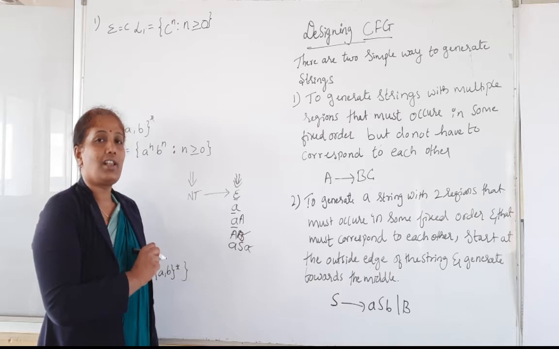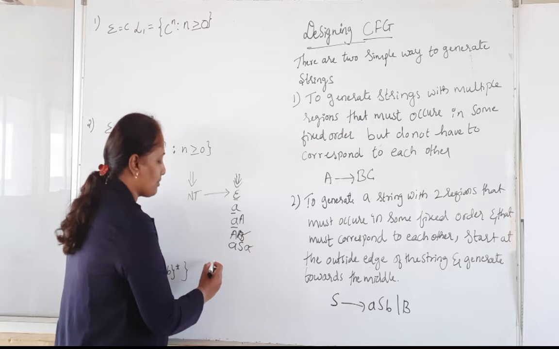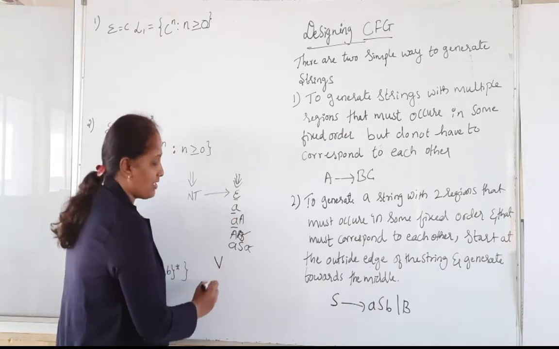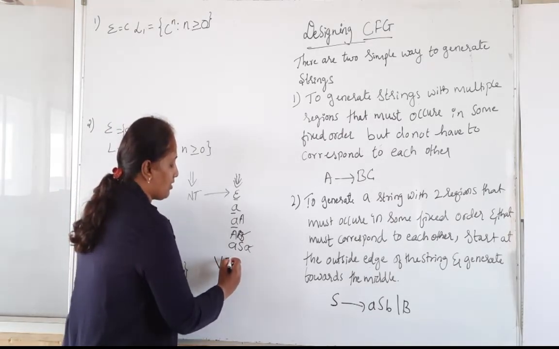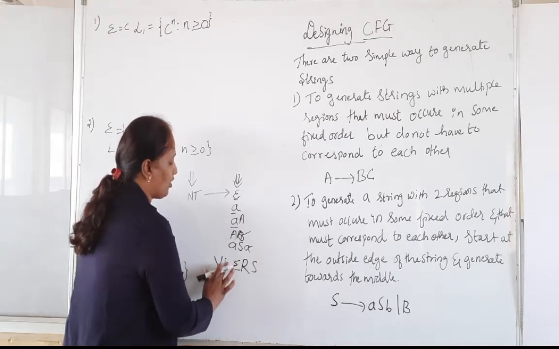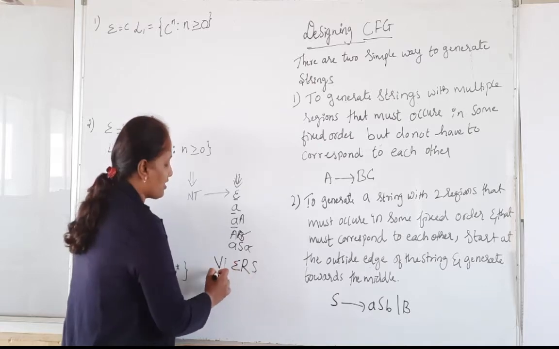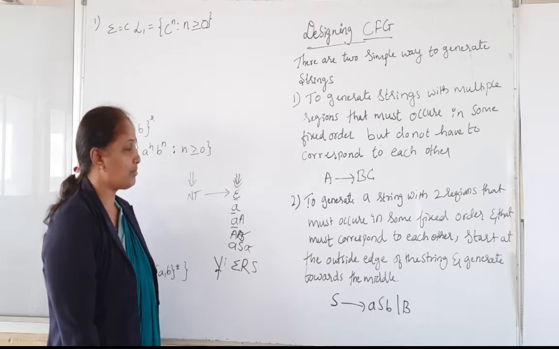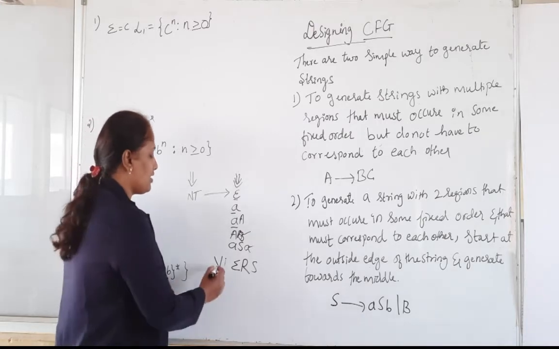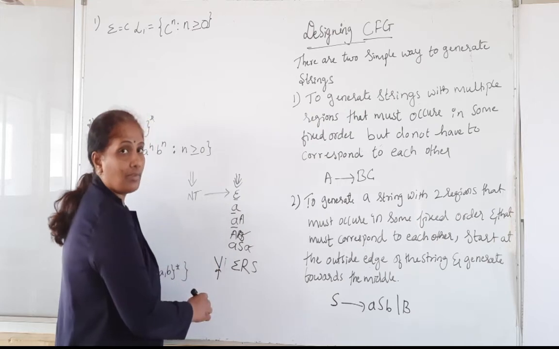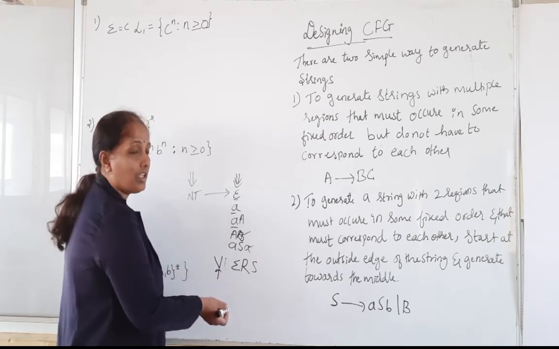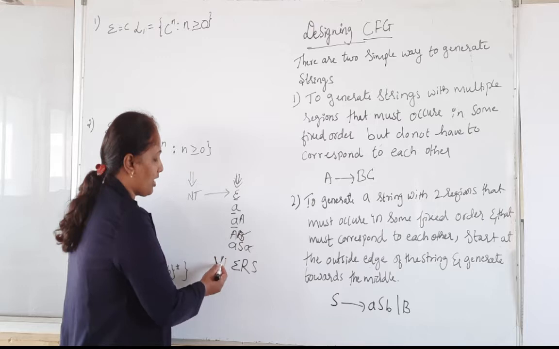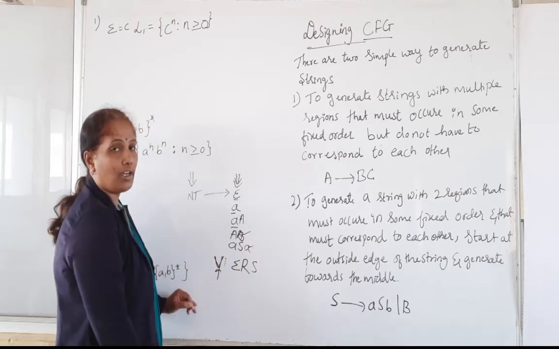We discussed in the last class the formal definition of the context-free grammar. It is defined as a four-tuple, that is V, Sigma, R, S. What is V here? V is a set of the non-terminals which come in a production, and these are written at the left side; for a non-terminal you can define a terminal symbol or a non-terminal symbol.